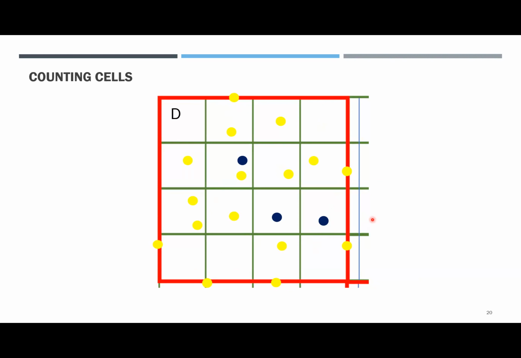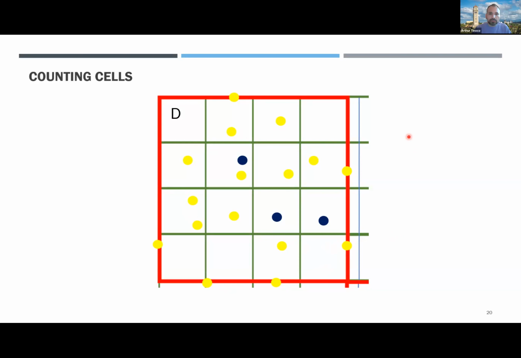I think there's 14. Who was this? 16. Okay, so that was John and Oscar, I believe. Okay, we got 16. Let's count. So we have 1, 2, 3, 4, 5, 6, 7, 8, 9, 10, 11, 12, 13, 14. Did I miscount? Oscar, that was you.